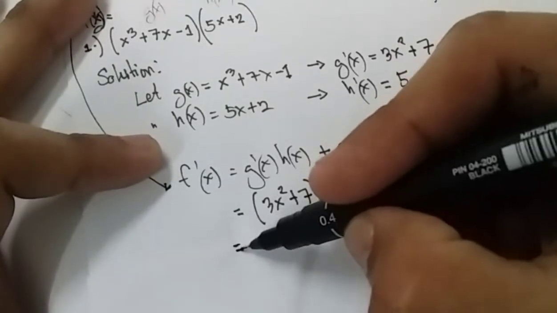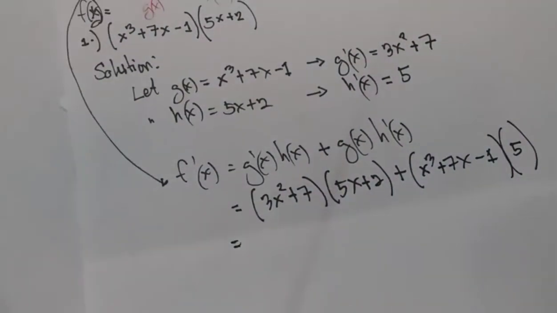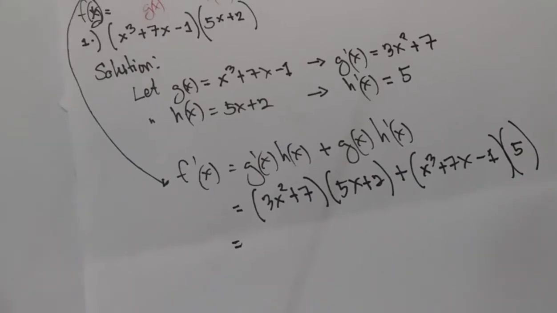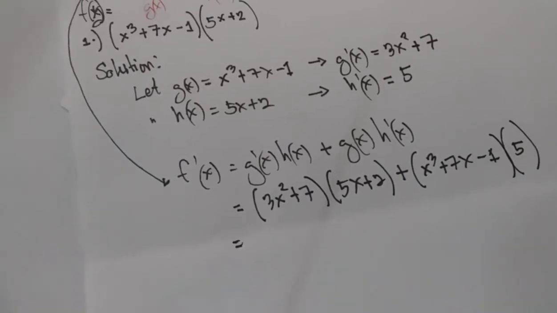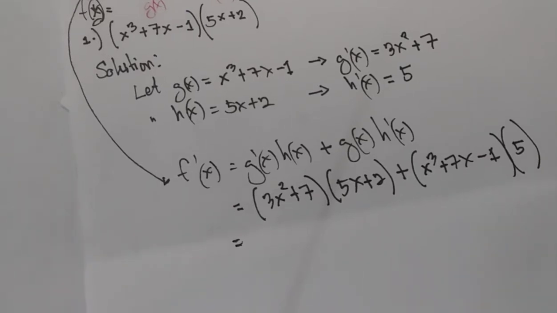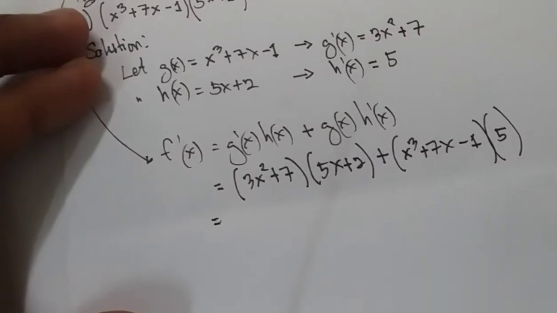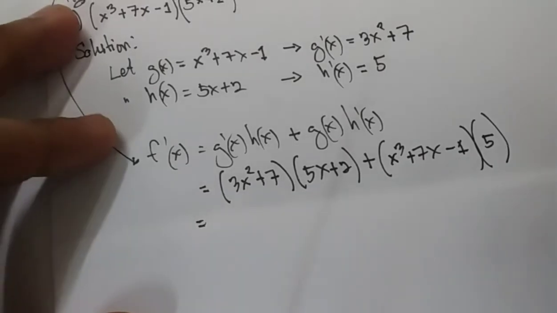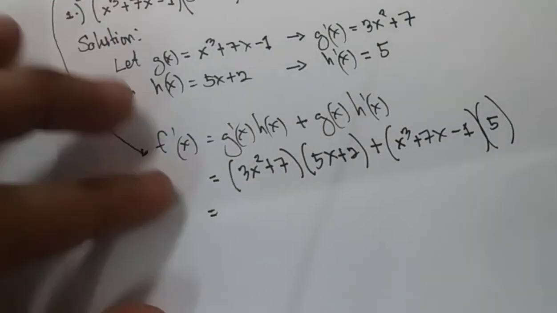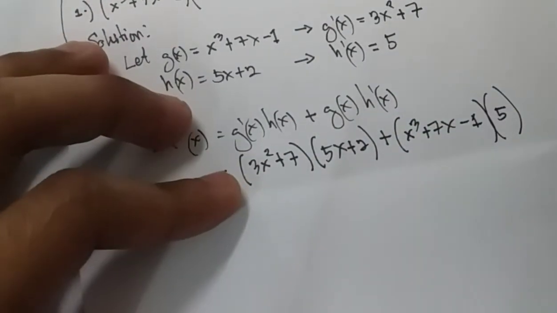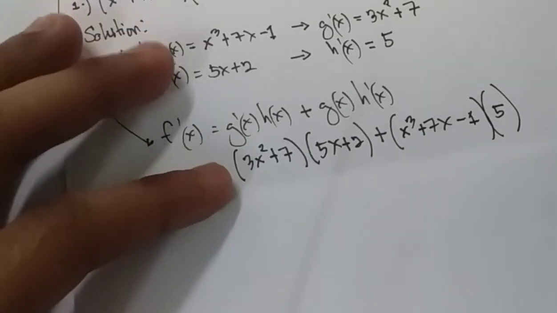Okay, so we already took the derivative for g of x and also h of x. We already substituted the given. So now what we'll do next is simplify the first term and the second term. For the first term, we can do the FOIL method because this is a binomial.